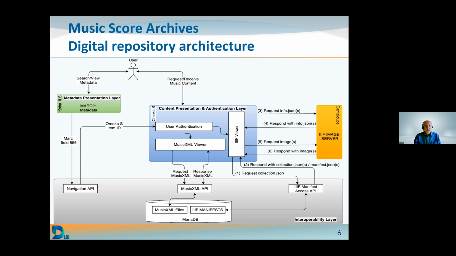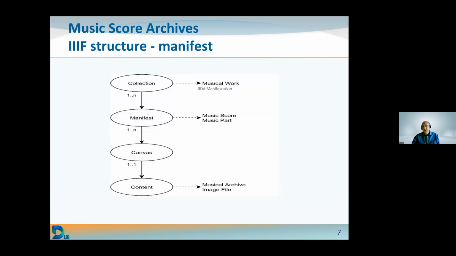Also, for the presentation layer, we have a IIIF manifest server, as you can see on the bottom of the figure. As already mentioned, handwritten music scores are collections of full scores or parts.